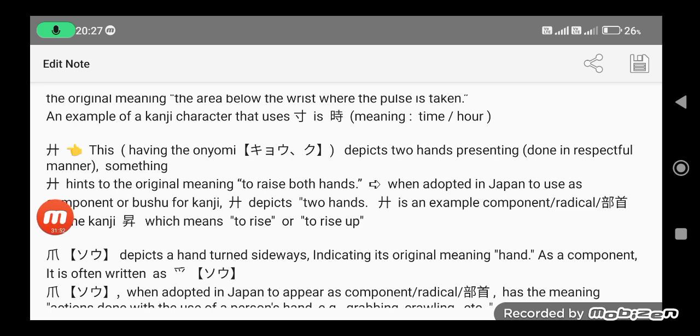So this radical hints at the original meaning, to raise both hands. When adopted in Japan as a component or bushu for kanji, it depicts two hands. This radical kyo or ku is an example of a component radical for the kanji sho, meaning to rise or to rise up.